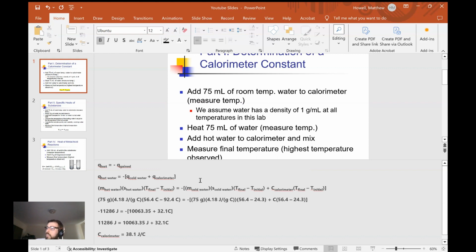So recalling that we can represent Q as a mass times a specific heat times a change in temperature, we can make those substitutions for both the hot water and the cold water.